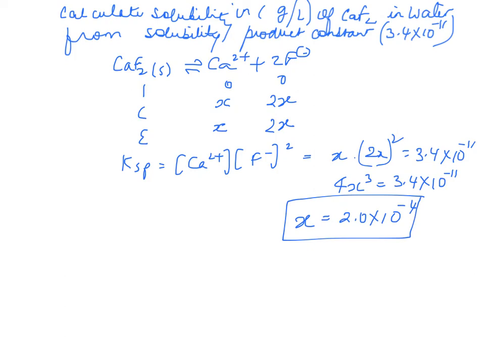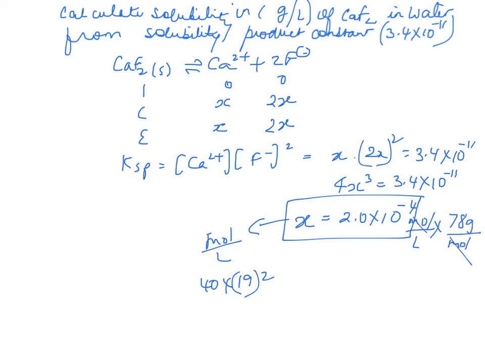This value is a molar. This is moles per liter. You have to convert it into grams per liter. What that means is that you will need to multiply this by the molar mass, which is calcium is 40, each fluorine is 19, so 19 times 2, looks like it comes out to be 78 grams per mole.